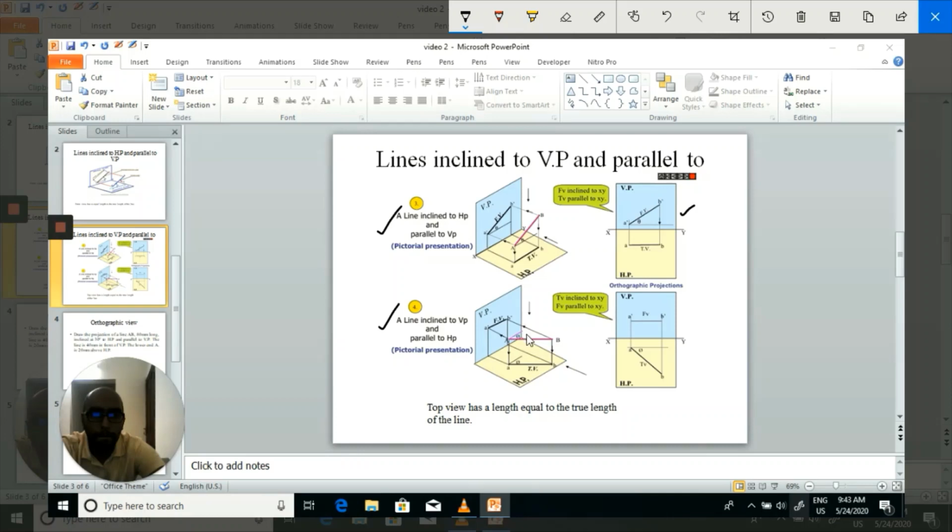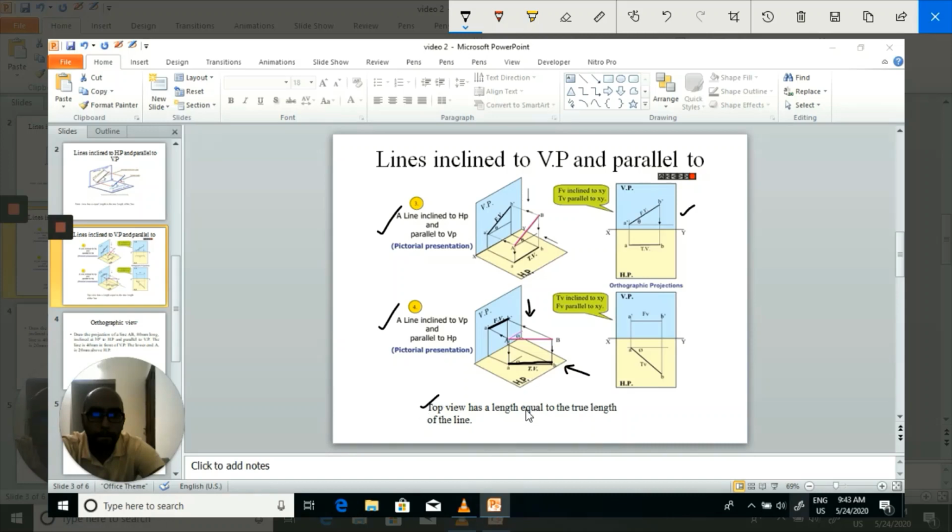If you look from the front, the view is a straight line. Looking from the top, you have AB as the top view. So here the point is that the top view will give the true length of the line.